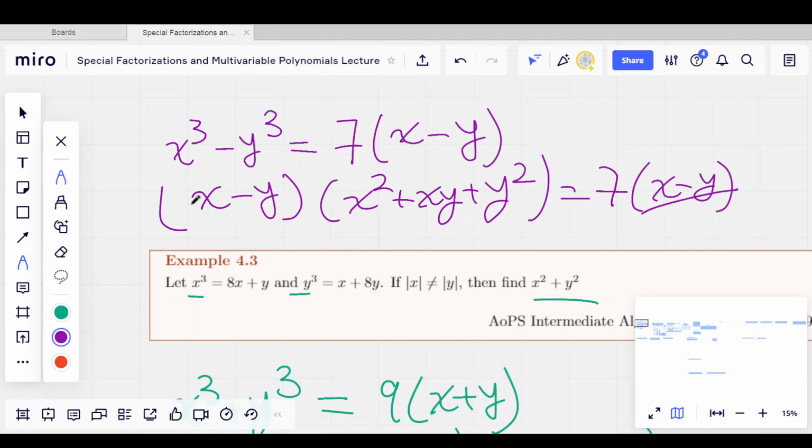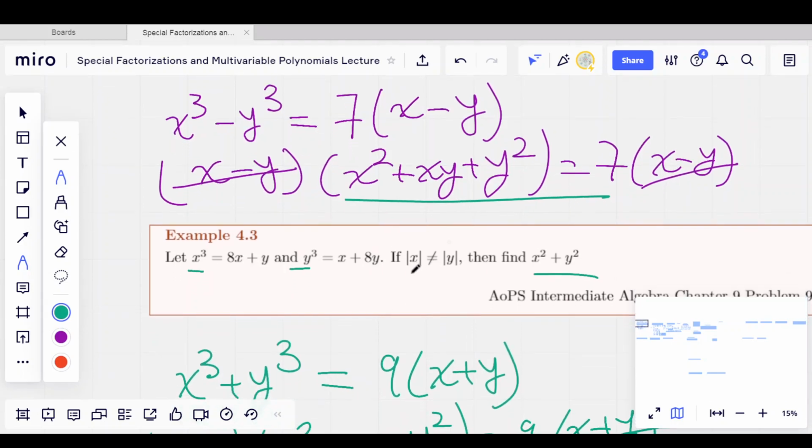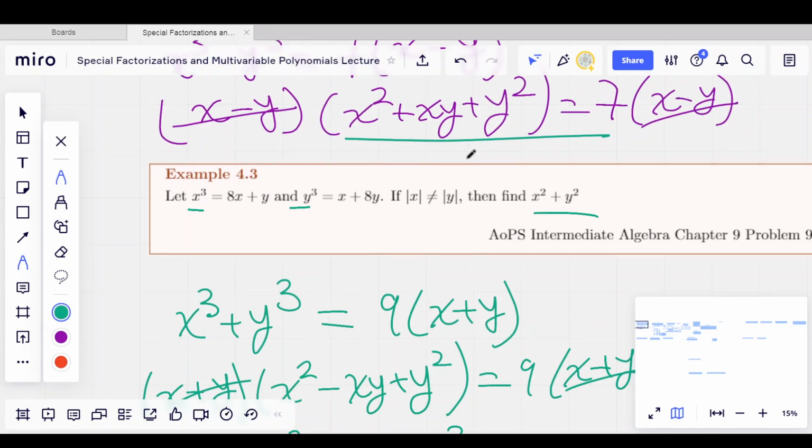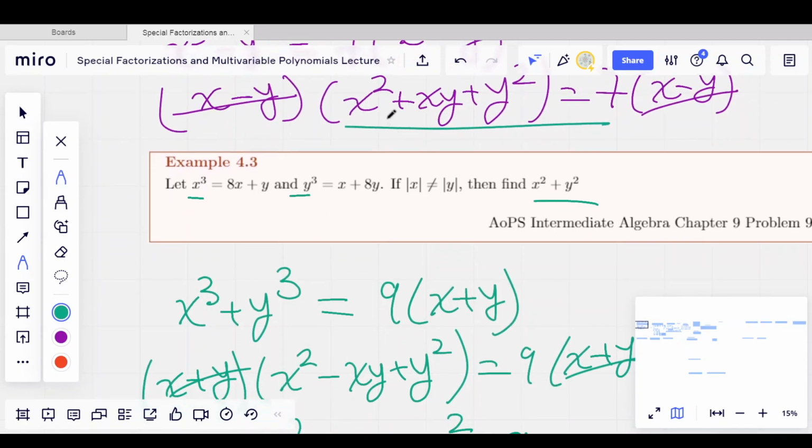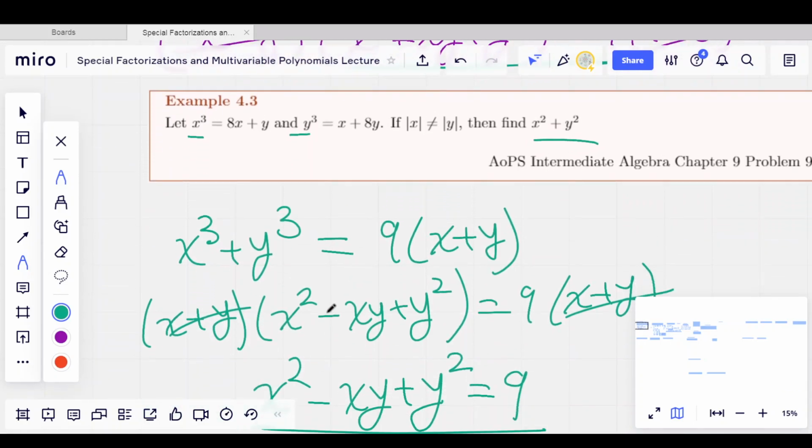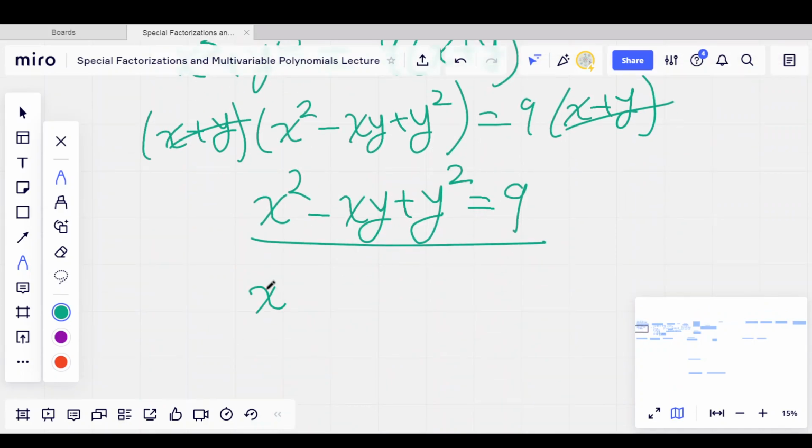And then you get this. So now we see why we wrote it with the xy's, because when we move this expression down over here, we get x squared plus xy plus y squared equals 7.